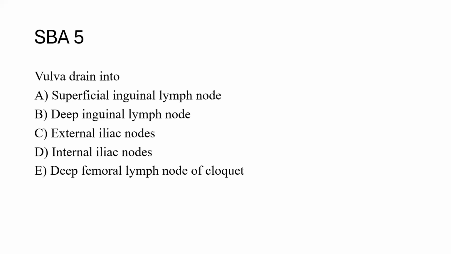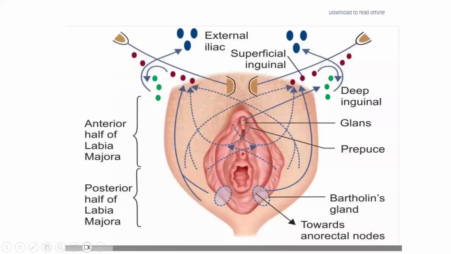A. Fine. Everyone agrees to that or any other answer? Everyone agrees. Superficial inguinal lymph node, so that is the correct answer. Basically, we have to understand that when we talk about vulva, there are multiple different segments, right? So superficial inguinal lymph node, some of it goes to deep inguinal as well, and some directly goes to external iliac.